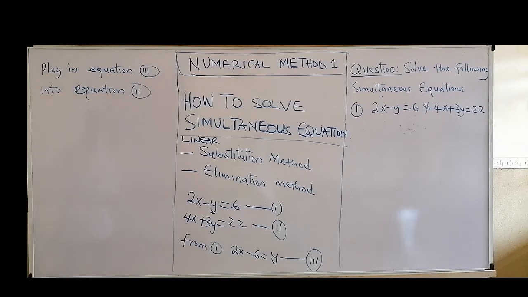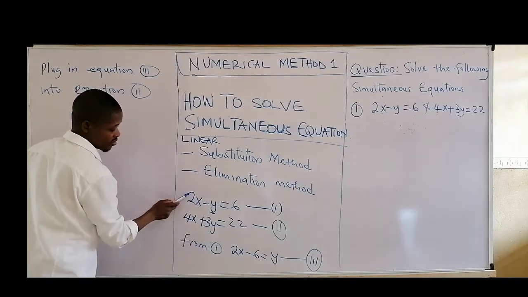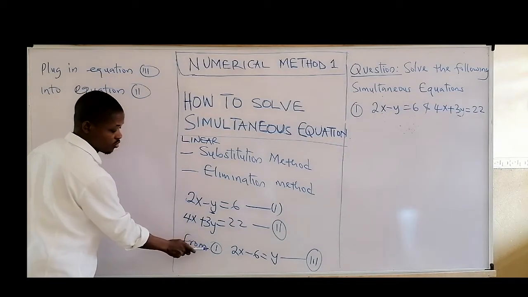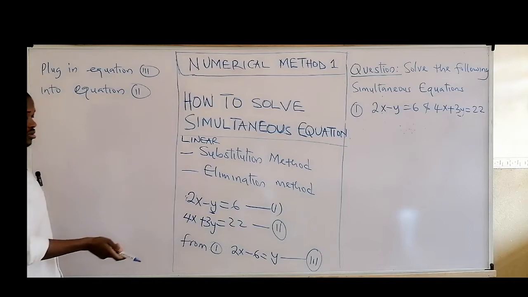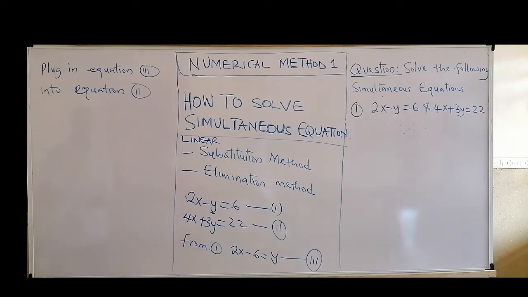And don't forget that equation 1 and 3 are the same thing, so you can't put 3 into 1 because they are the same equation. So put 3 into equation 2, which is 4x plus 3y equal to 22. Write the equation and substitute.